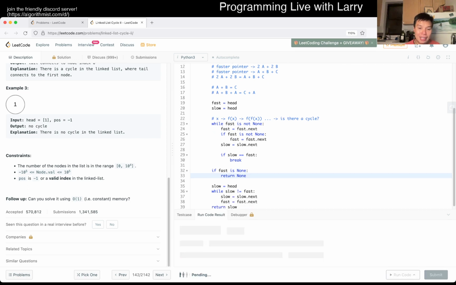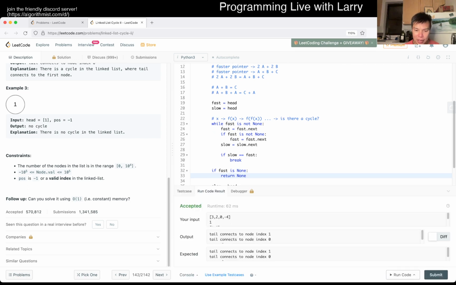Yeah, the non-cyclic case is what I forgot. And that looks okay. Let's give it a submit.